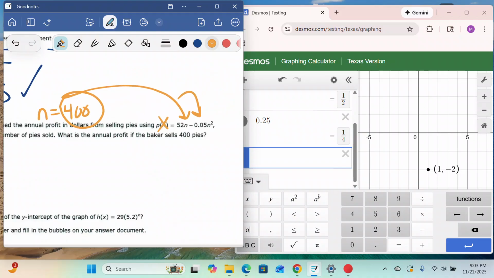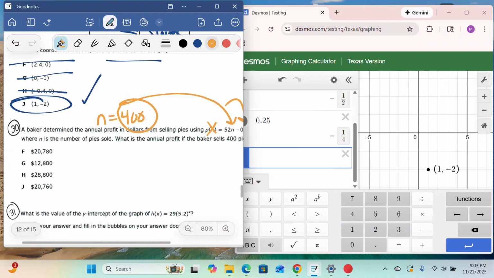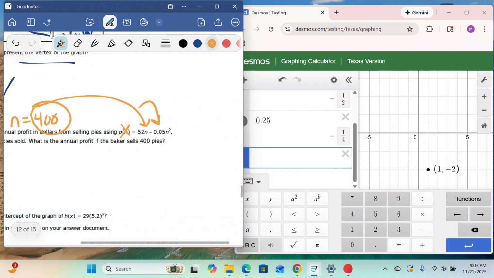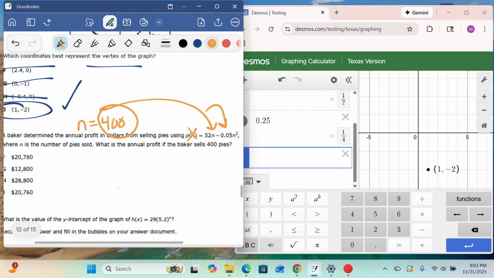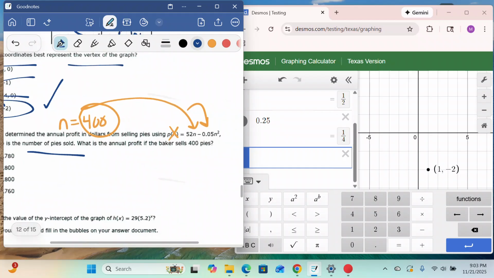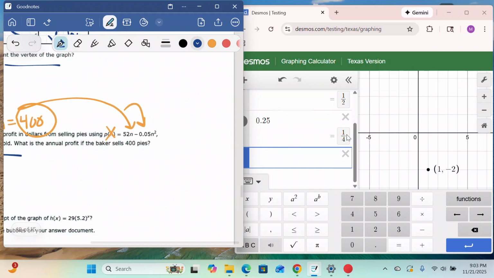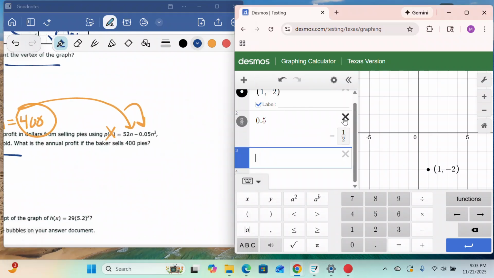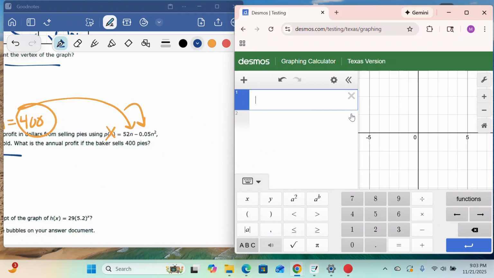So this is our equation for our annual profit, and that's going to pop out our answer. So I'm going to go ahead and N is 400 pies. N is the number of pies. Right here it tells us, and I'm going to put it in blue. Right here, N is the number of pies sold. And I'm going to go ahead and get rid of all these. And all I'm going to do is input the N, which is 400, into Desmos.